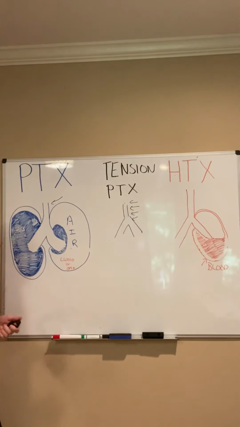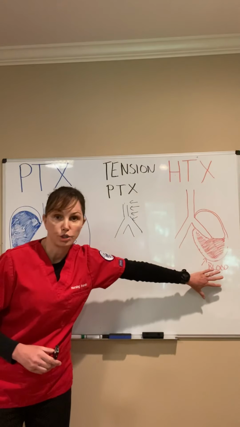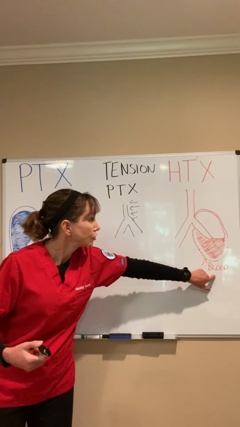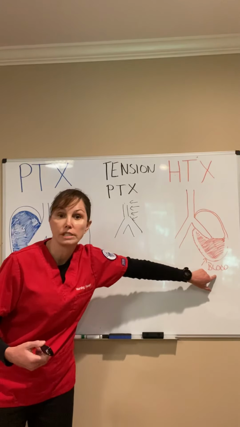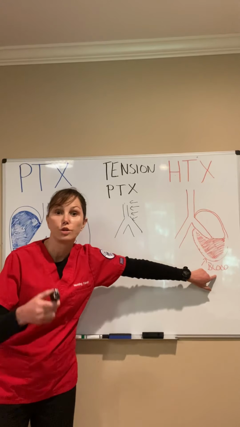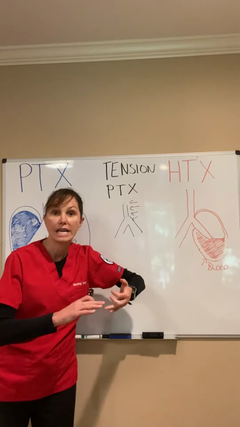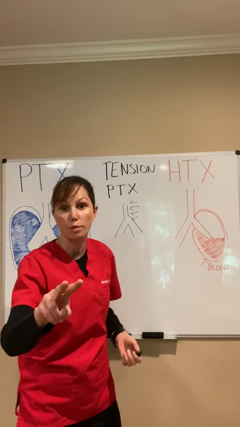Okay, so some of the treatment. The treatment for all three could be a chest tube, so you would need to get consent, but chest tube is an option. Also, hemothorax could be treated with thoracentesis, and you do need to know the nursing implications of thoracentesis, the positioning, and the complications. There are two very important complications you need to know about.